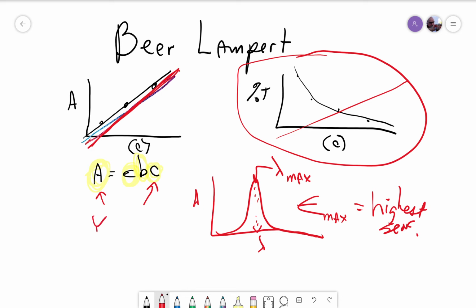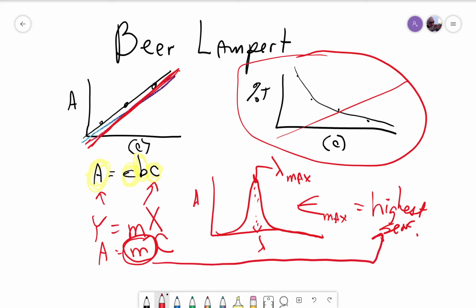Remember, if A is equal to M times C, the slope is the sensitivity. Now we've all done this, and we've talked about things like sensitivity and analytical sensitivity, limits of detection, and of course the dynamic range is where the Beer-Lambert law holds up.